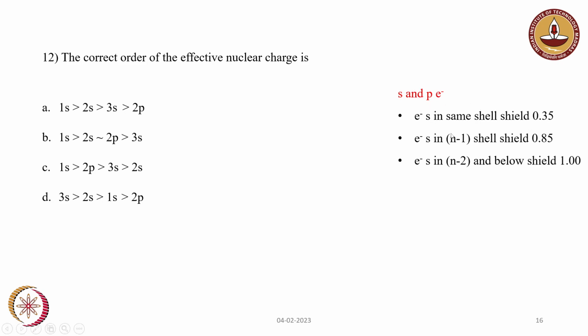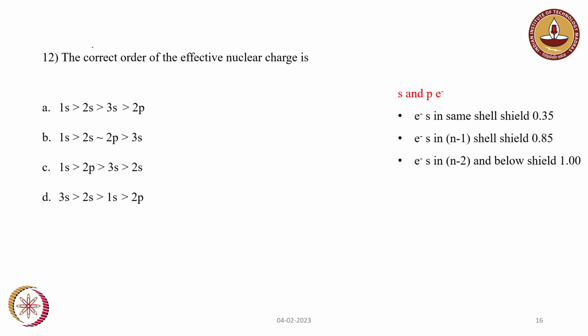In Slater's rule, electrons in the same shell shield 0.35, in n-1 they shield 0.85, and in n-2 they shield 1.